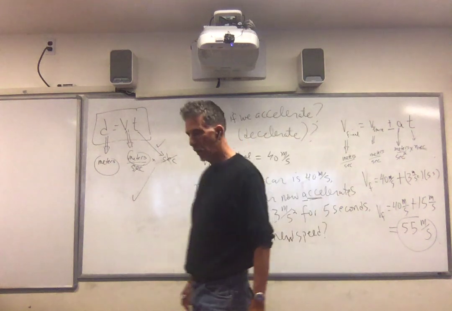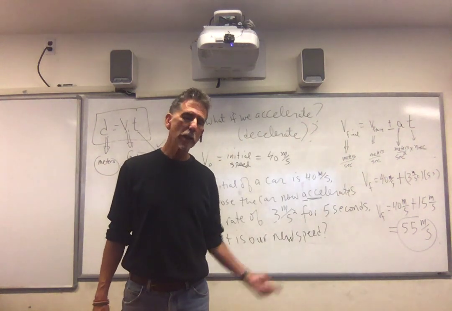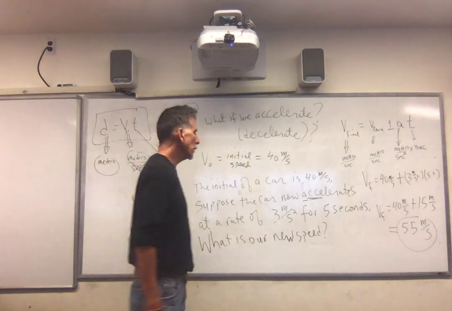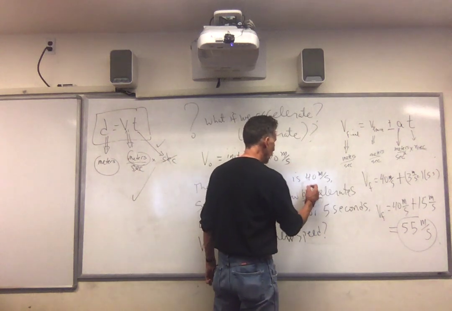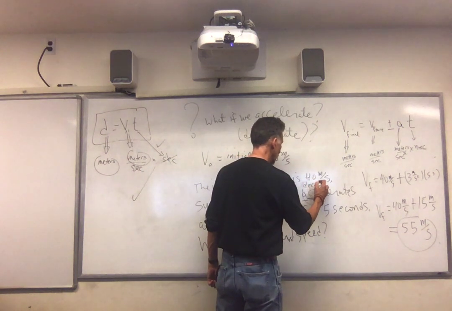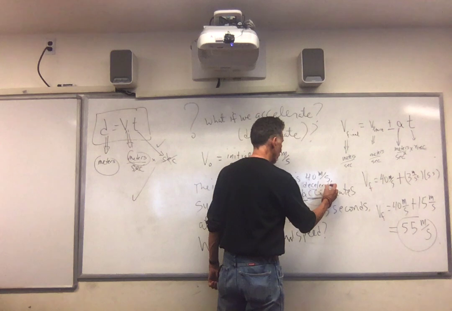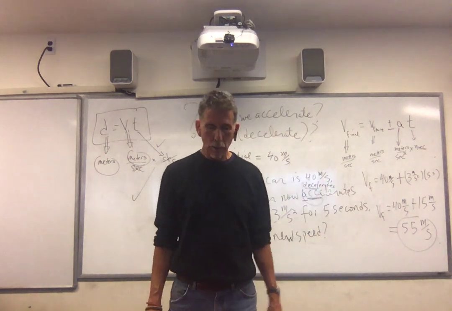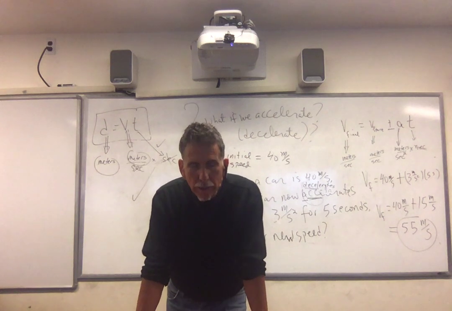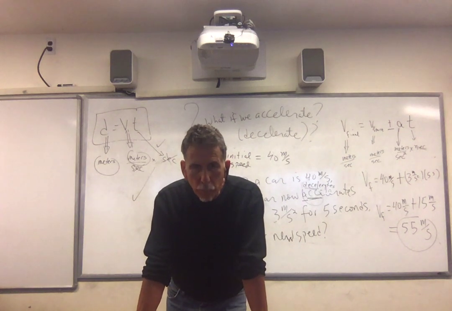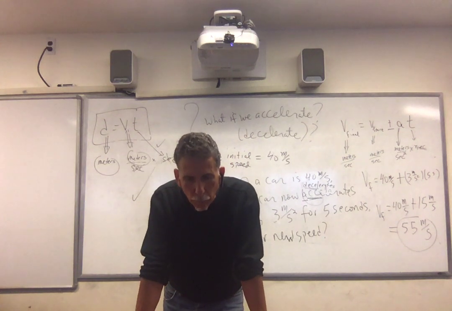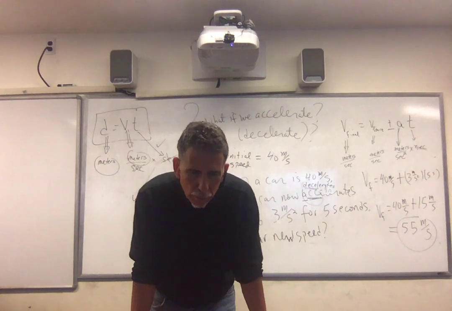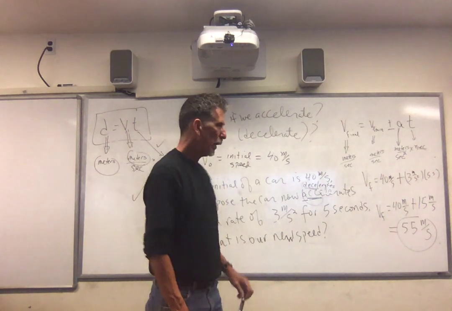Okay? Suppose I ask the same problem, except instead of accelerates, I say decelerates. Decelerates means you're going slower. So the final answer cannot be greater than 40. It has to be less than 40. So what do you think we do? Can you see? Yes.